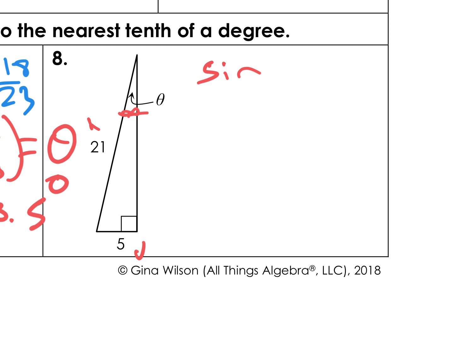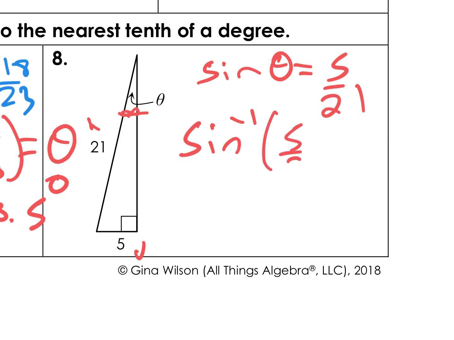Sine of theta must be equal to what? Opposite over hypotenuse. What is opposite then? 5 over 21. Therefore, the arc sine of 5 over 21 must be theta.